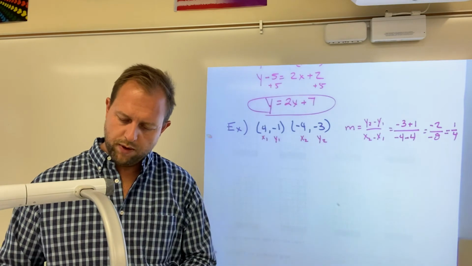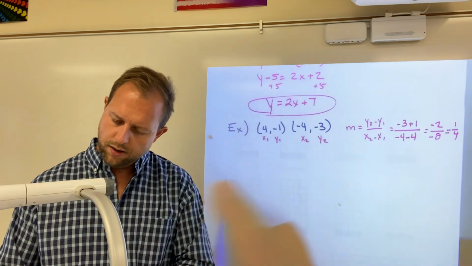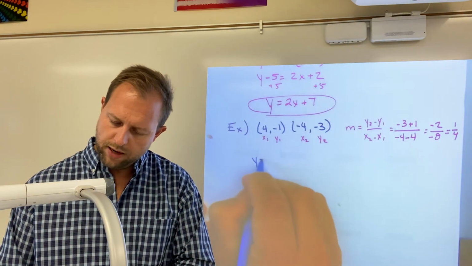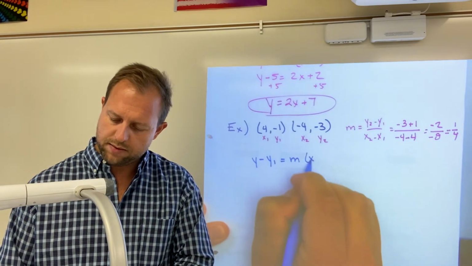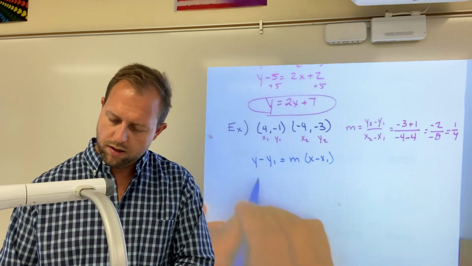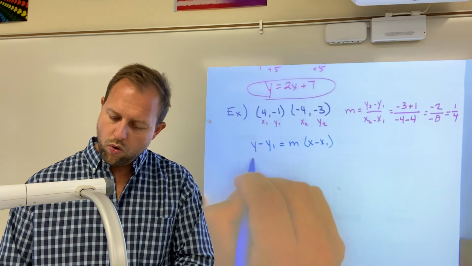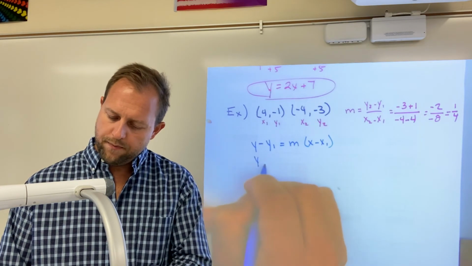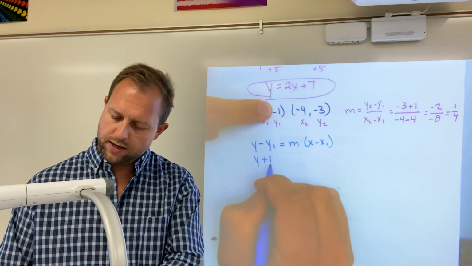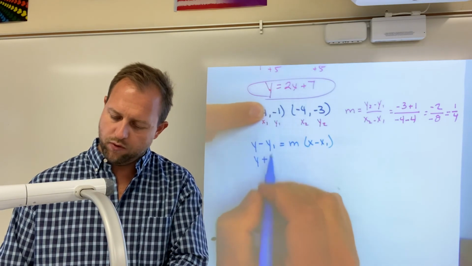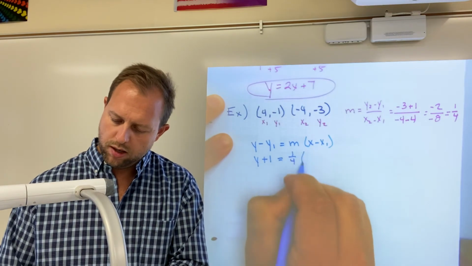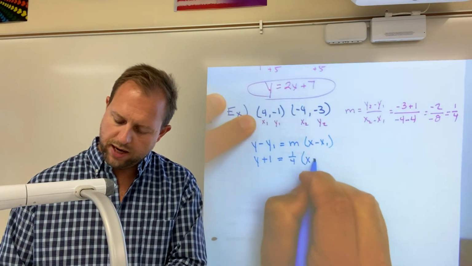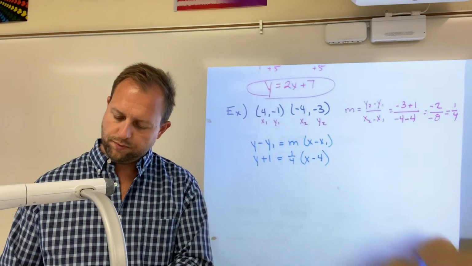Now we go and we plug this back in. y minus y1 equals m times x minus x1. y plus 1, because it's y minus a -1, equals, m was 1/4, x minus 4.